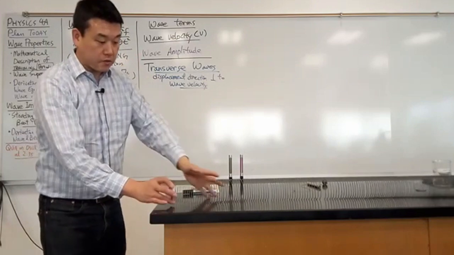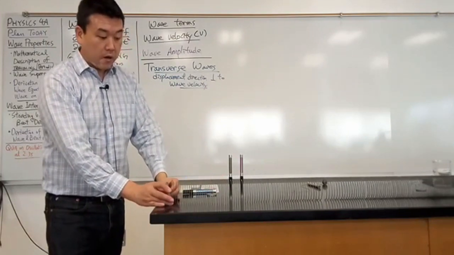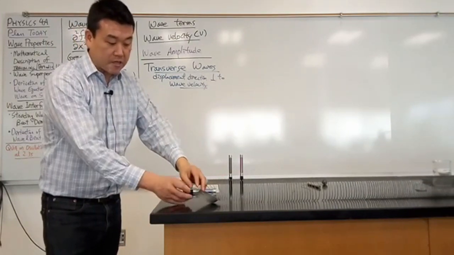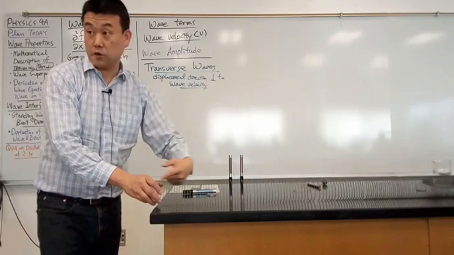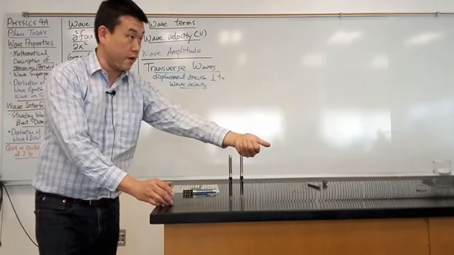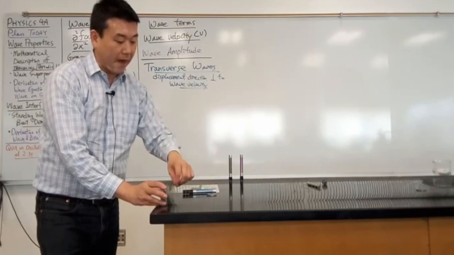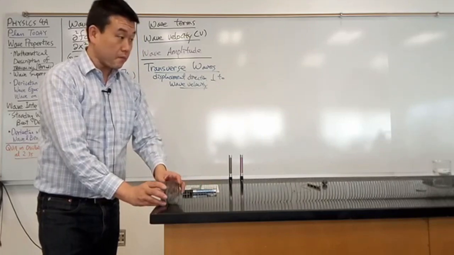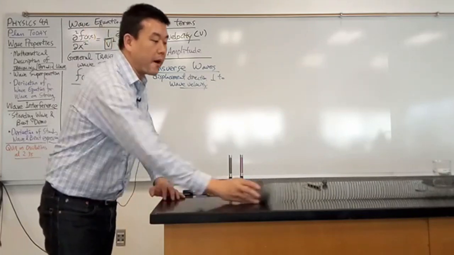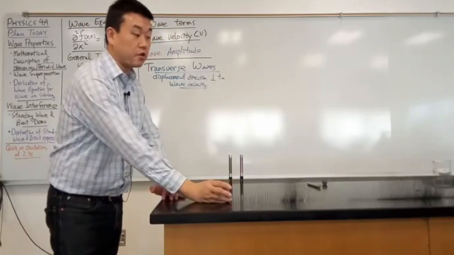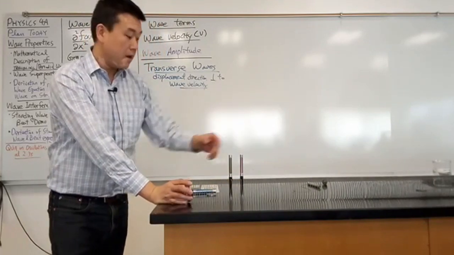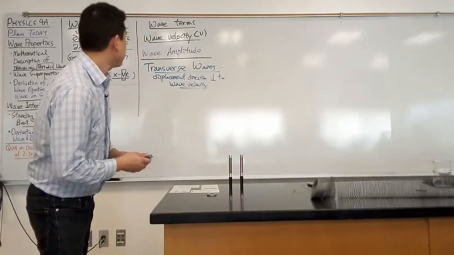The other case is where the direction of displacement is along the direction of wave velocity, either in the same direction, or if you look at it carefully, sometimes you will see this moving backward. So when it's parallel or anti-parallel to the direction of wave velocity, that's what we call longitudinal.